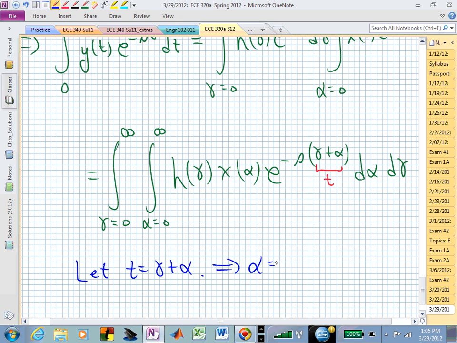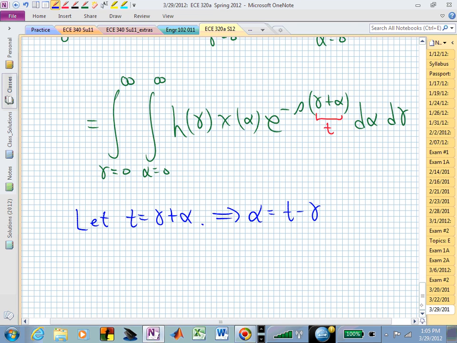And we can now rewrite alpha in terms of t and gamma. Alpha now is t minus gamma. And if we hold gamma fixed, which we will out here, inside we'll let alpha or t be variable.